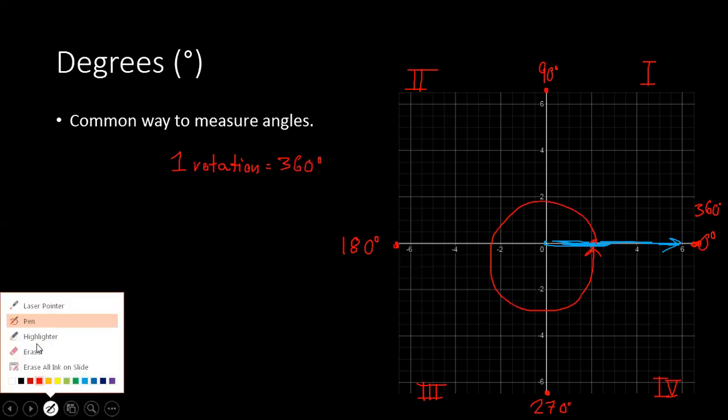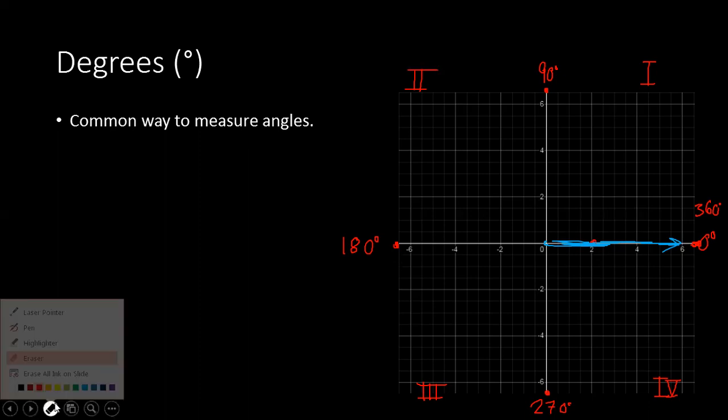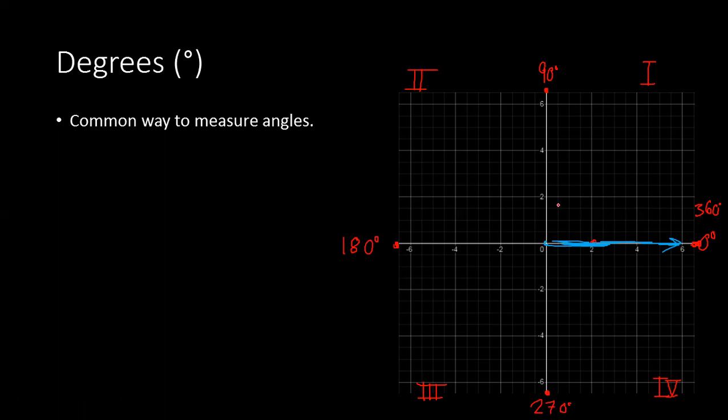Now let's be more detailed when it comes to measuring angles. Let's say you form an angle because the terminal side is here and it is rotated in counterclockwise direction. Let's focus first on the counterclockwise direction. Your terminal side is located at the first quadrant.